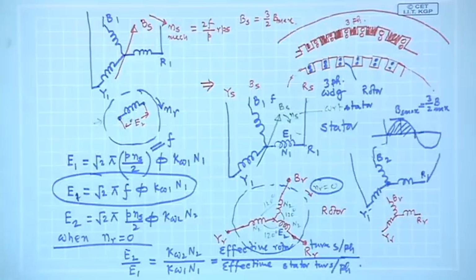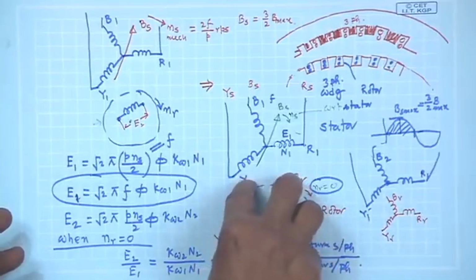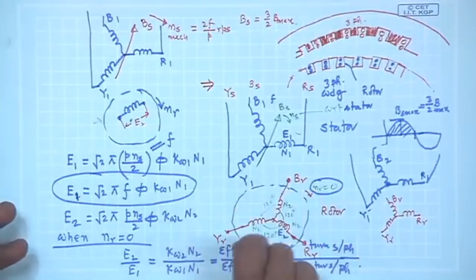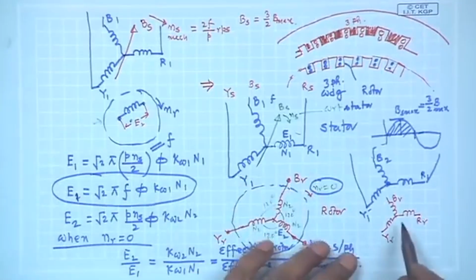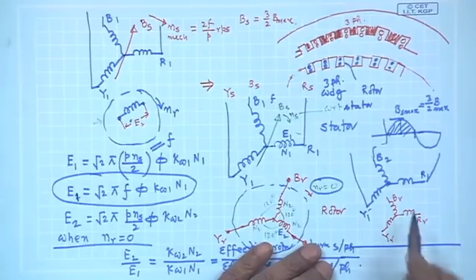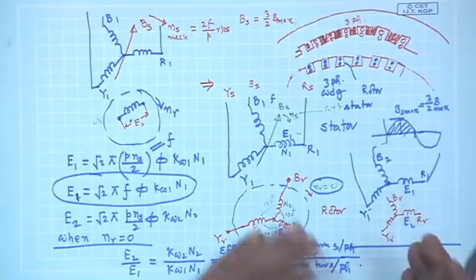But here, since I have this provision, I can move this rotor by hand and then lock it. So in one position I do it like this, and E2 and E1 will be in phase.